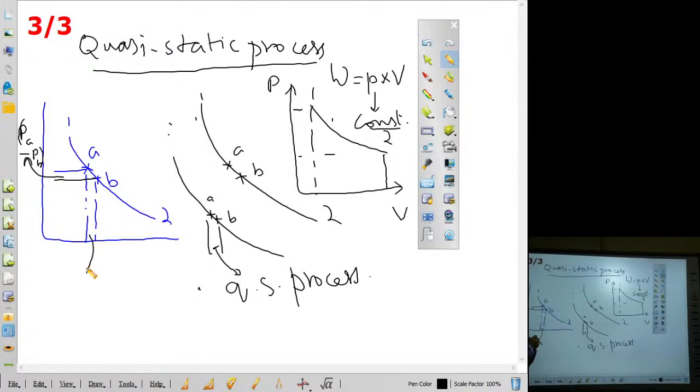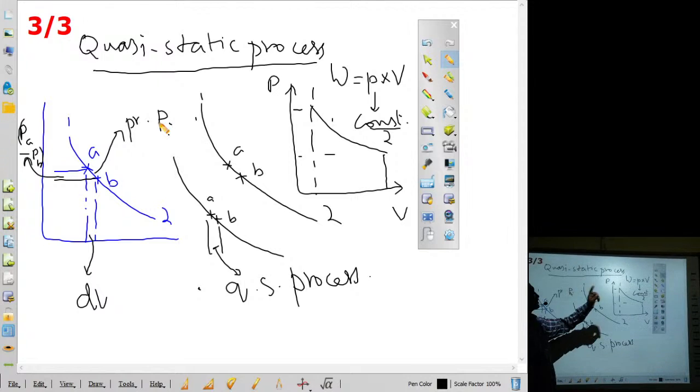Let's take this volume change as dV and let this pressure be P. Here we are making an assumption. The difference is so small that the change in pressure is negligible. So here pressure is constant.